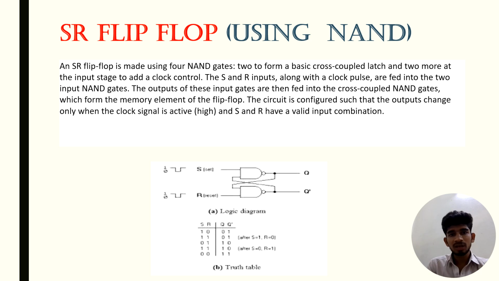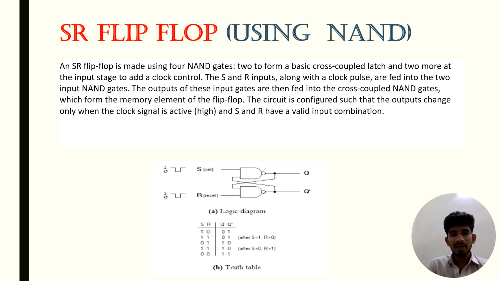The outputs of these input gates are then fed into the cross-coupled NAND gates, which form the memory element of the flip-flop. The circuit is configured such that outputs change only when the clock signal is high and S and R have a valid input combination.